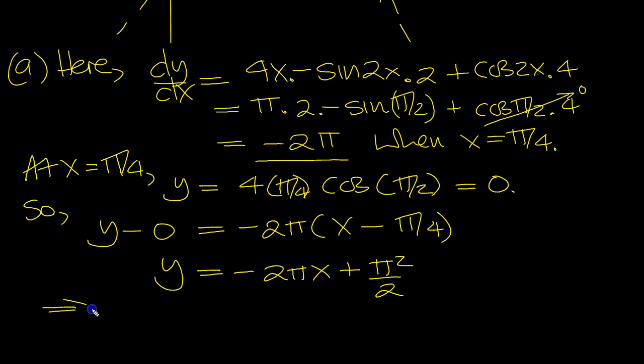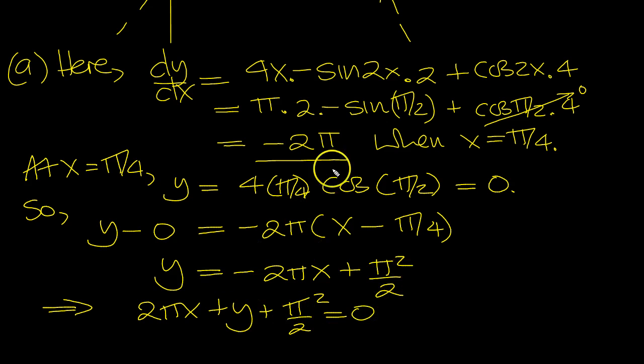So that tells us the equation of the tangent is 2 pi x, move this over, plus y plus pi squared over 2 equals 0. And this should be a minus when we move it over, shouldn't it? We left the y as is, we brought that over with it and made it a plus, wrote it first, move this over and make it a minus. And that's the equation of the tangent then.